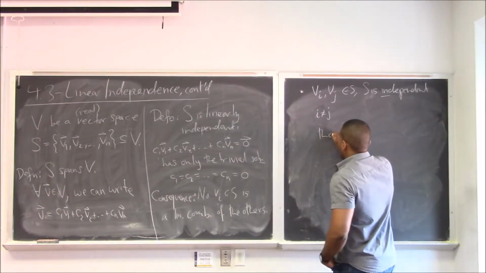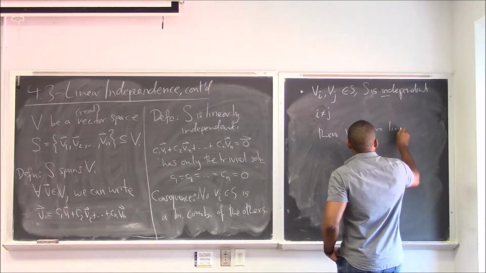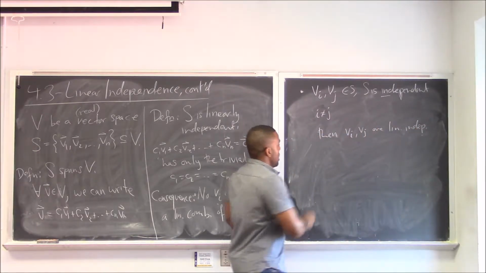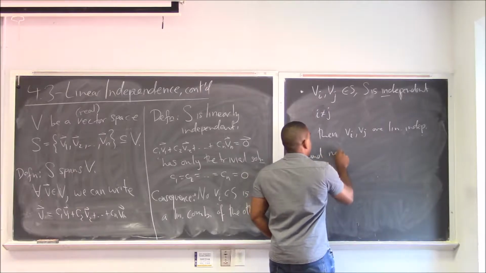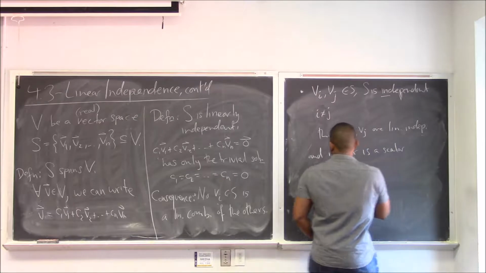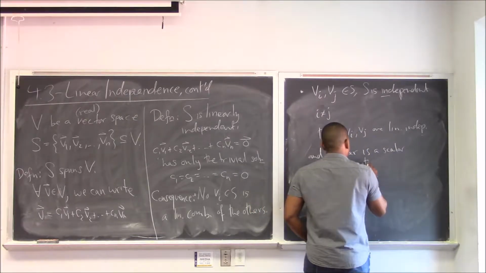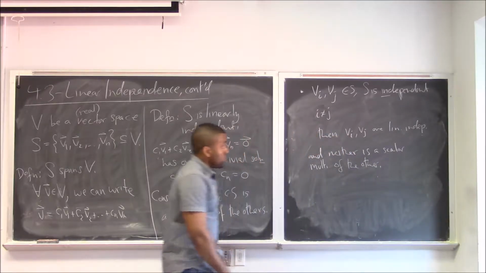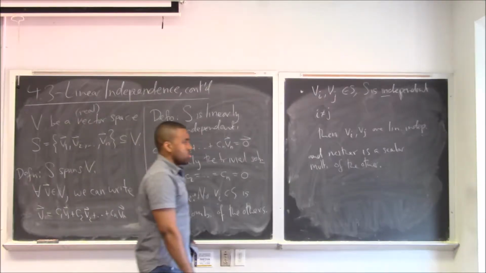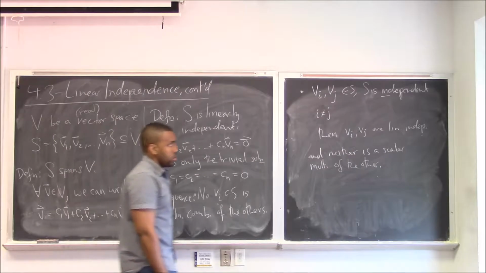They're not scalar multiples of one another. Neither is a scalar multiple of the other, which means I can't write vi as some non-zero scalar times vj or vice versa. That would contradict that S is linearly independent.